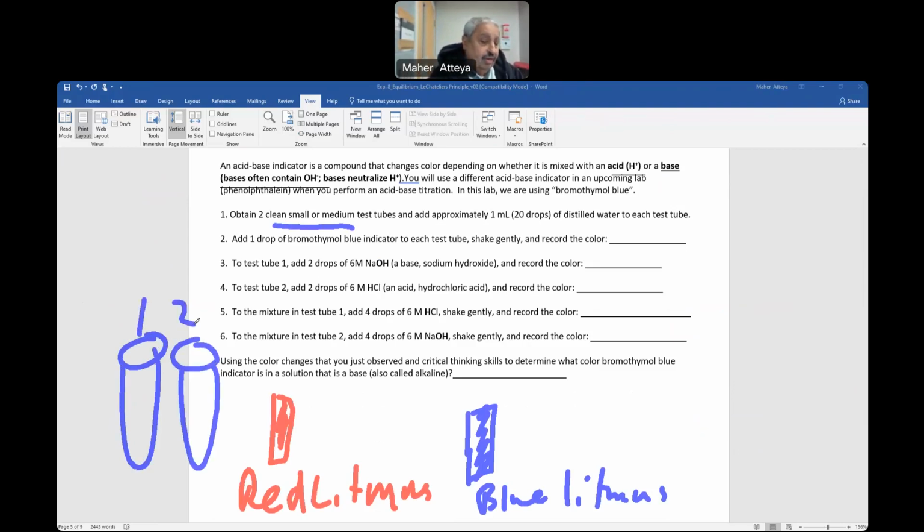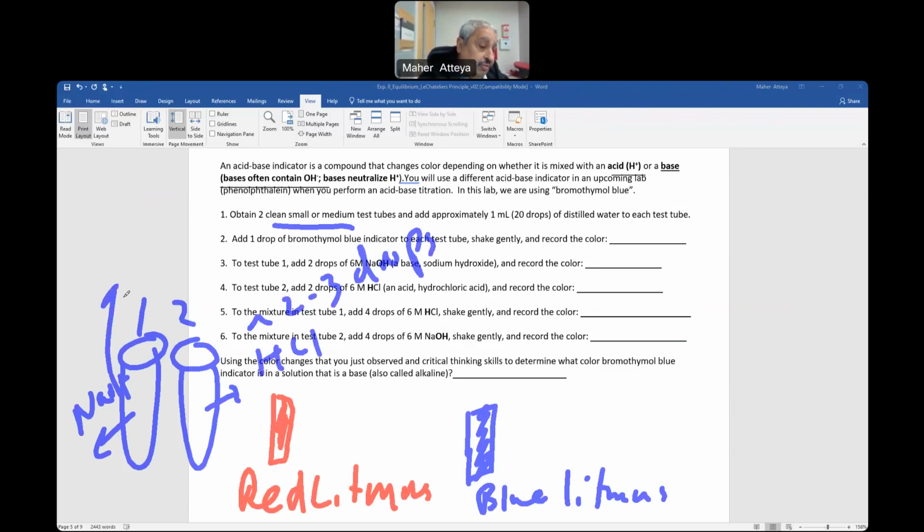To test tube 1 you will add sodium hydroxide, not that much, just 2 or 3 drops. And to test tube 2, HCl, around 2 to 3 drops. Number 2 is this, number 1 is this sodium hydroxide.